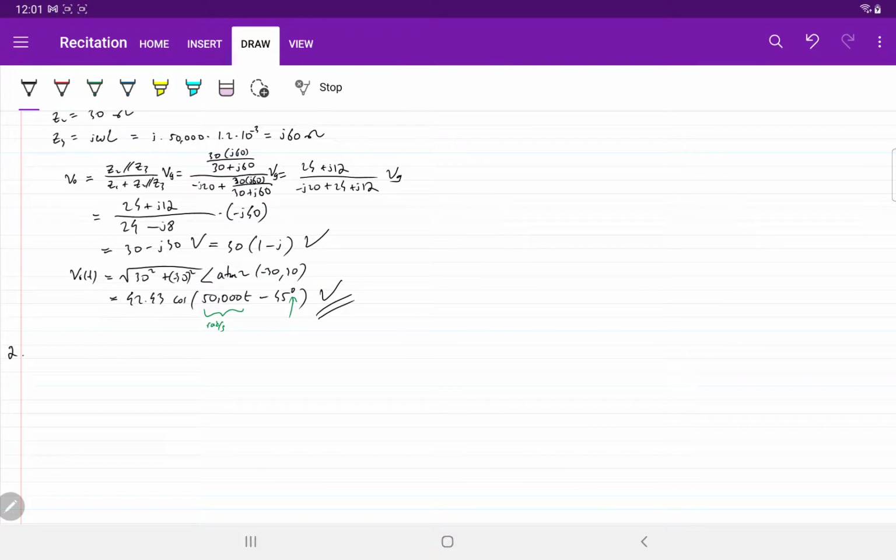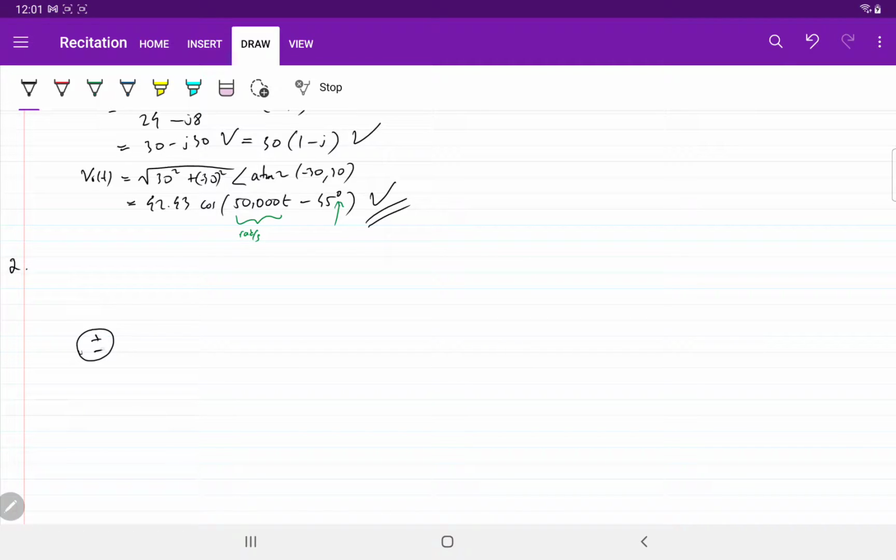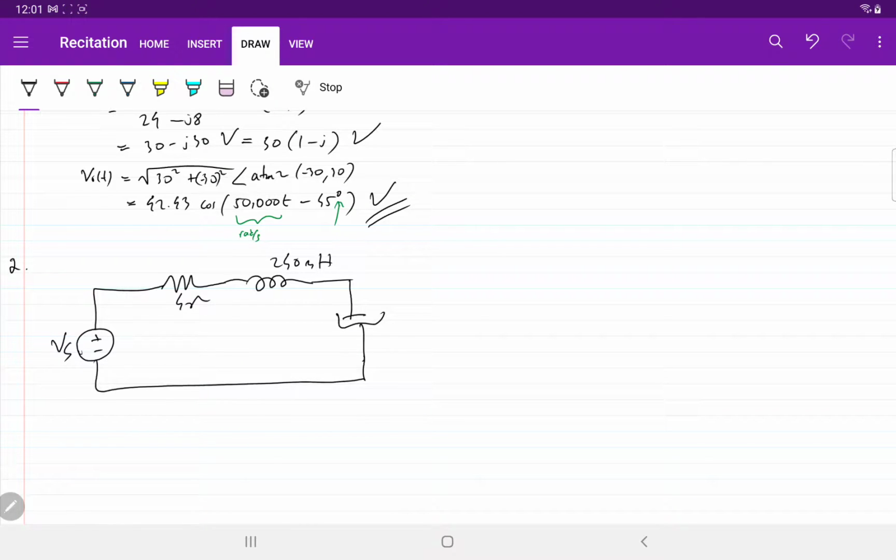Second problem, it's a simpler one. I have again phi as a source, a resistor of 4 ohm, 240 millihenry, and a capacitor of 2.5 millifarad, and the question is what is I0.